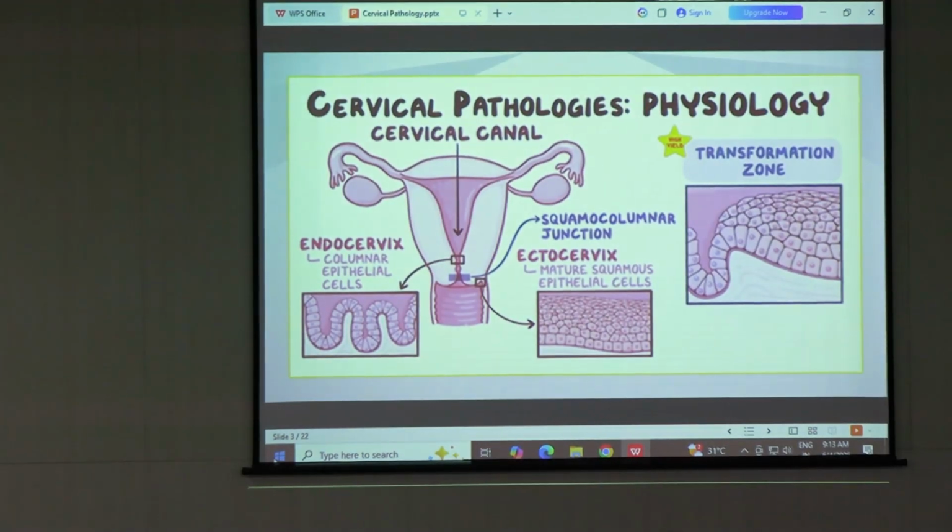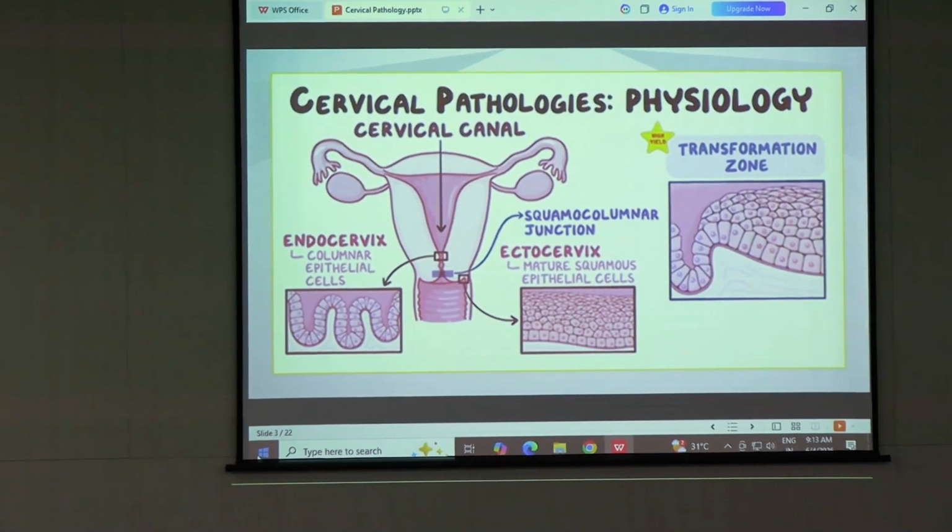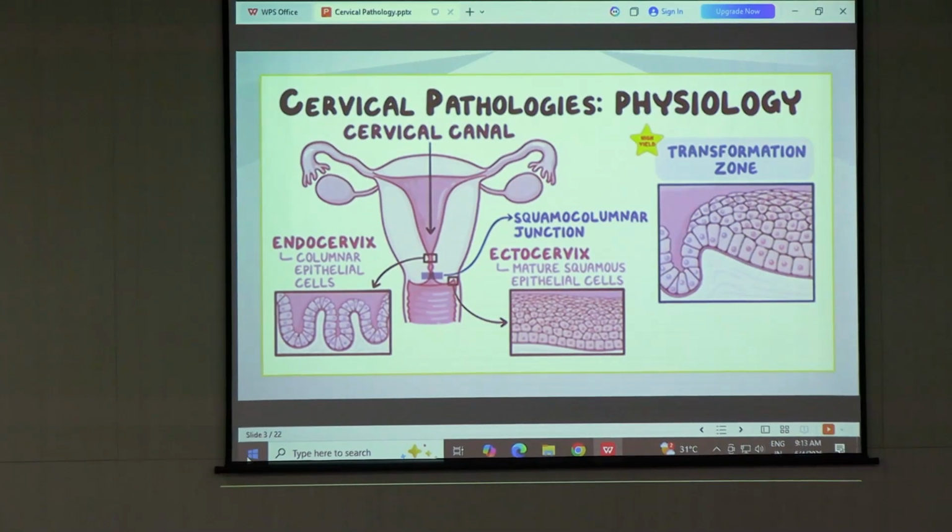So cervical pathology. You know the cervix is the joining part between the uterus and the vagina. The cervix has two parts. The outer side is known as the ectocervix and the inner side is the endocervix.